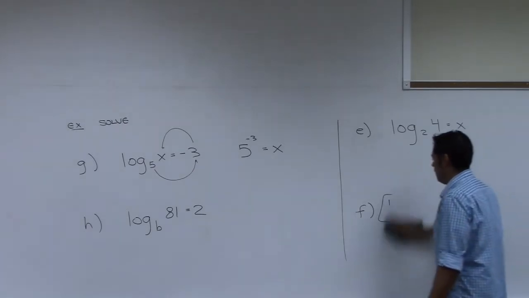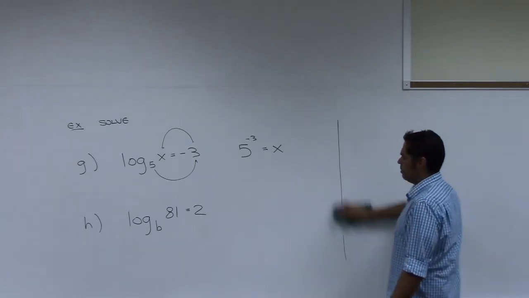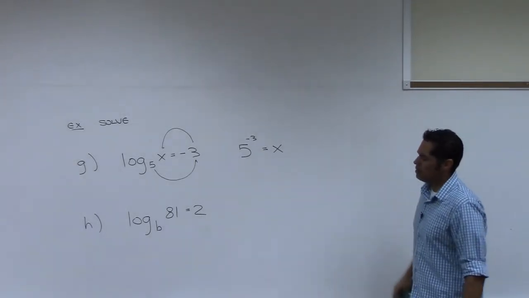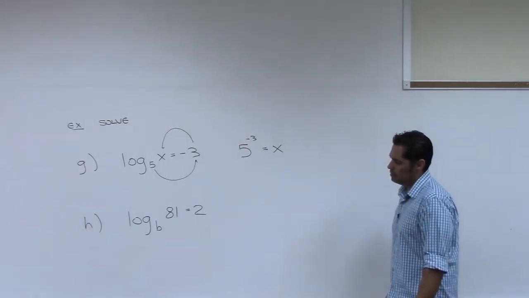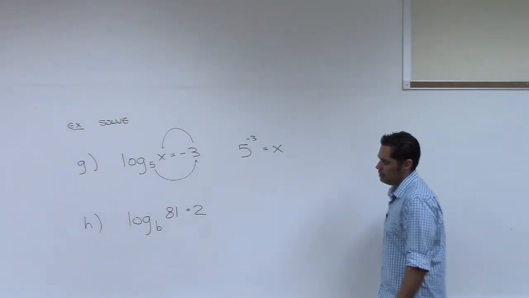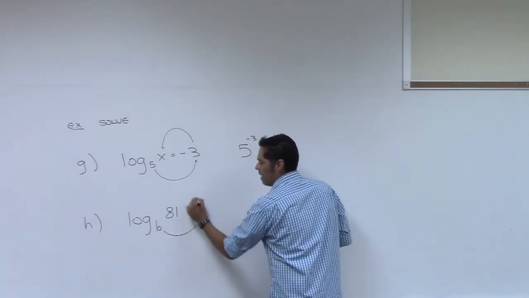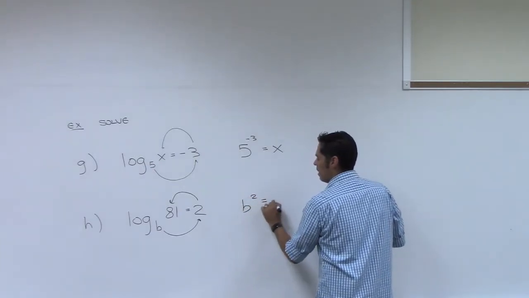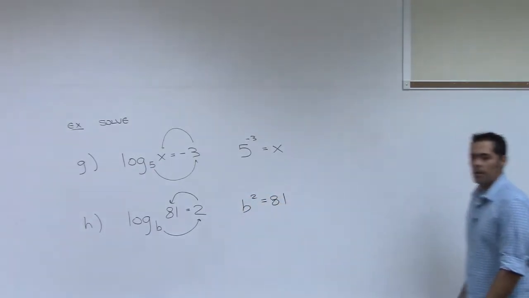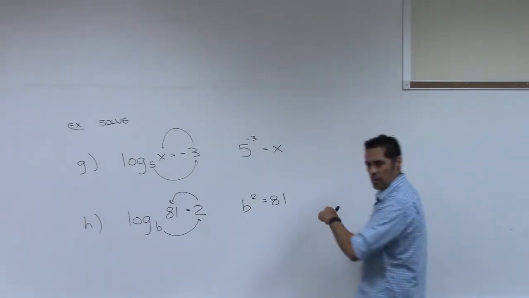How can you do that? Square what? Square root of 81. Okay, so how are you doing that? Turn it into the exponential form. So I'm going to use that loop like this. And that becomes b squared is 81, right? So solve for b, take the square root of 81.